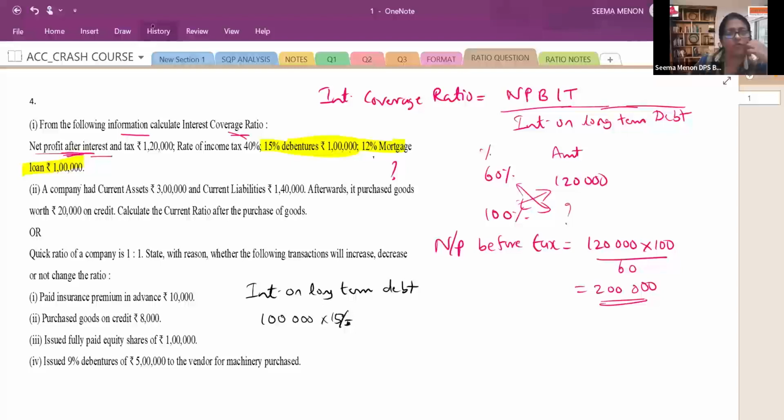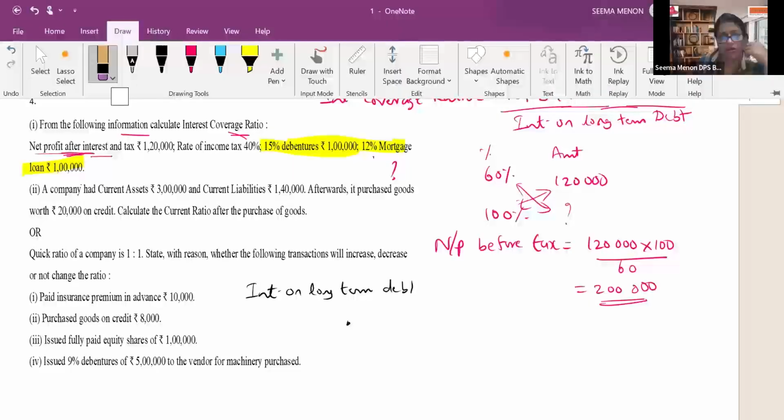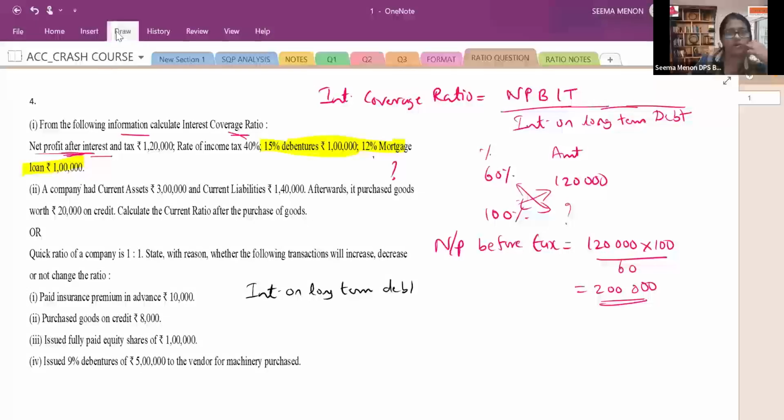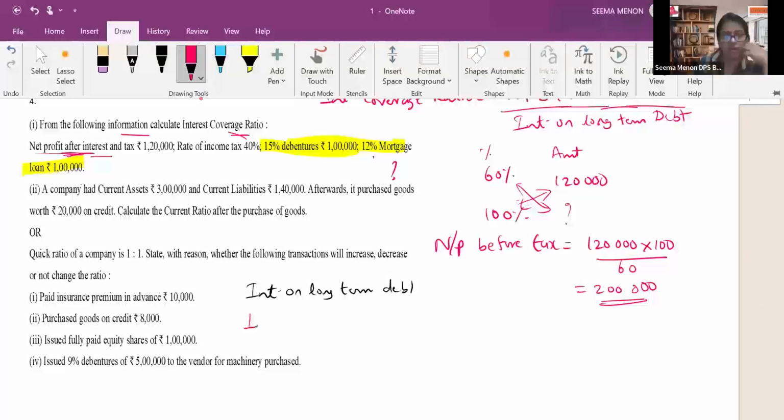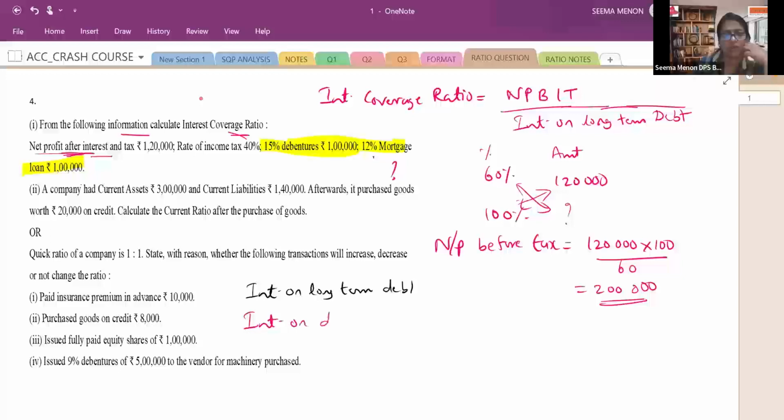Interest on debenture is equal to 1 lakh into 15 by 100. How much will it become? You can find out. Once you find out, that will be 15,000. I hope you are clear with that.